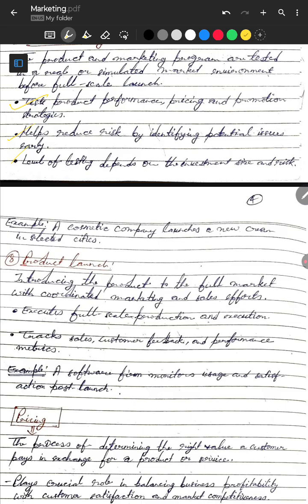A software firm, the example given here, monitors usage and satisfaction post launch.